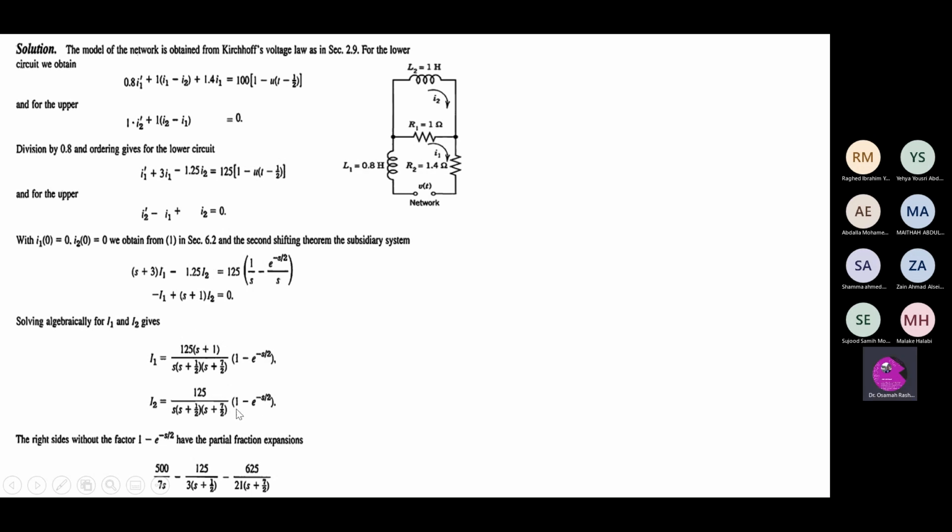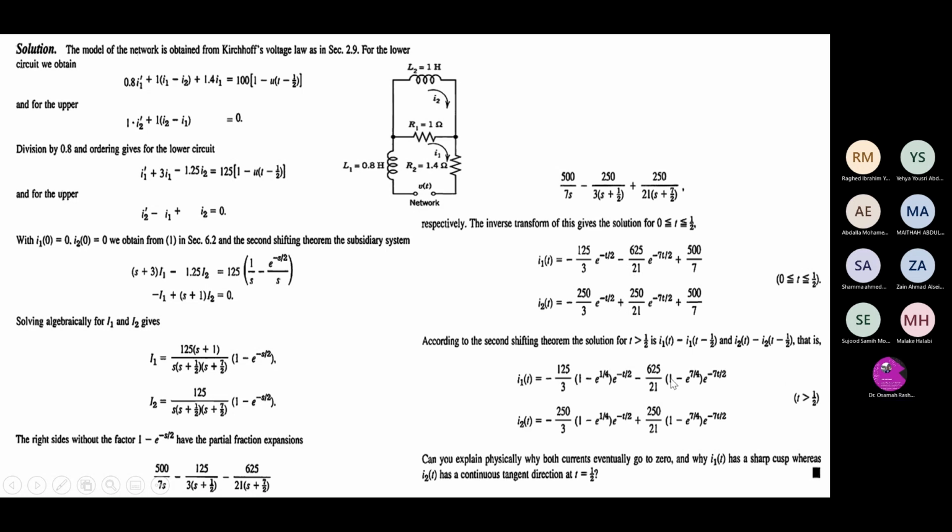I got the Laplace inverse for 125 over s times s plus half times s plus 7 over 2, right? And then I replace t by t minus half, right? Okay. So I get the Laplace inverse for I1 of s, capital I1 of s.